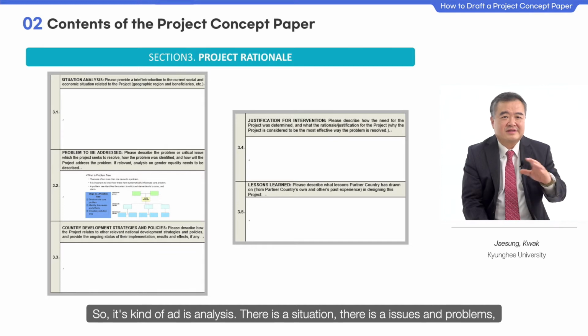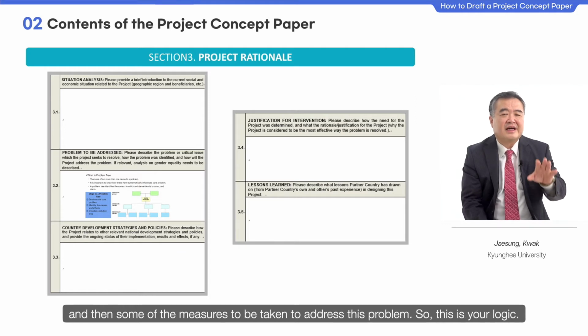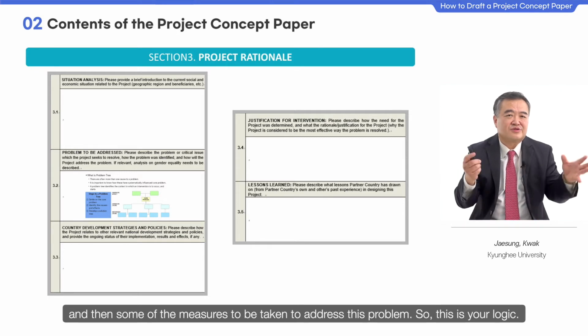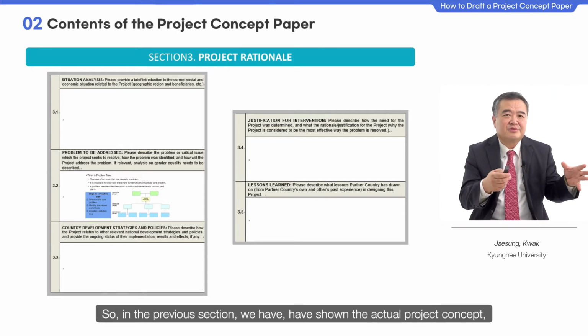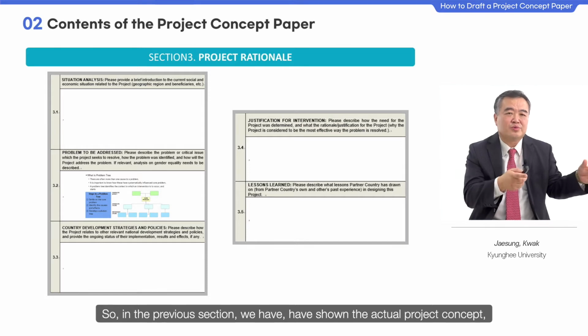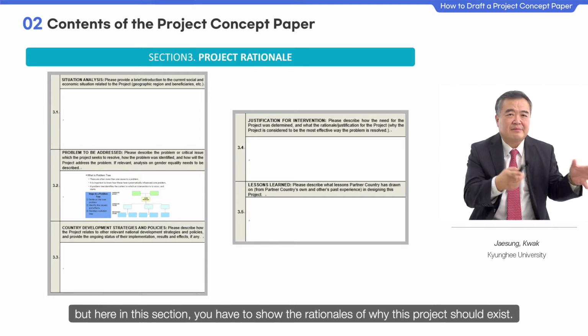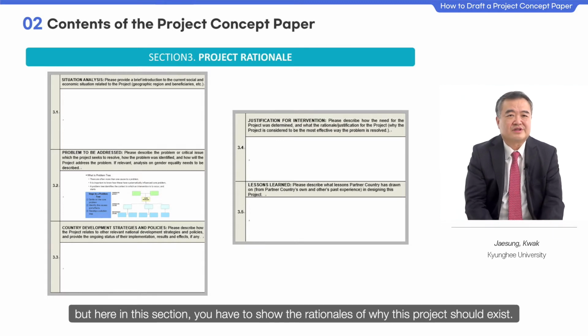So it's kind of as-is analysis. There is a situation, there are issues and problems, and then some of the measures to be taken to address this problem. So this is your logic. In the previous section, we have shown the actual project concept, but in this section, you have to show the rationales of why this project should exist.